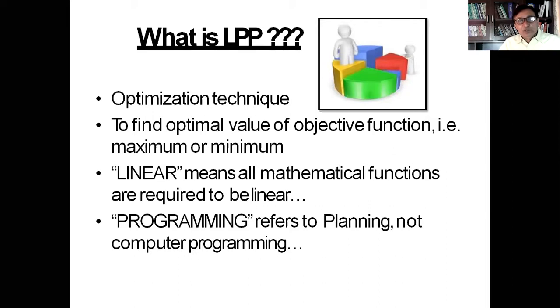And the total of these three variables' profit will be the total profit of the organization. For example, if you are getting 5 rupees profit from x1, 4 rupees profit from x2, and 3 rupees profit from x3, our total profit will be 5x1 plus 4x2 plus 3x3. So this becomes a linear equation, and this objective is defined as a linear equation.